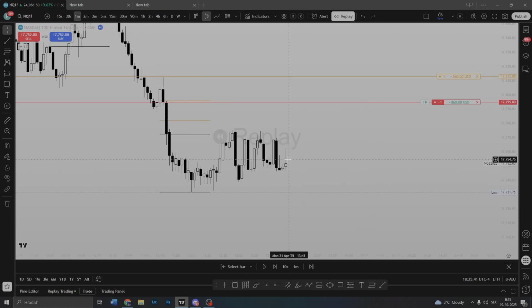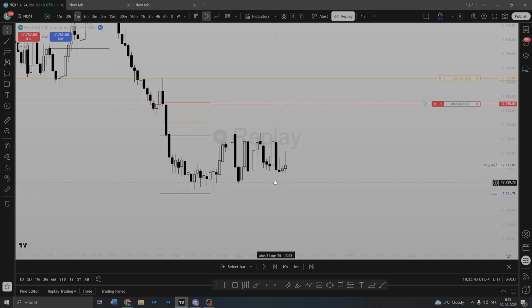I would like to see the next candle just close lower. Also, every candle by itself is a range by itself, and we just now rebalanced to the OT of this little candle.